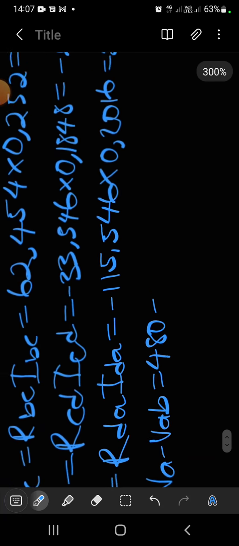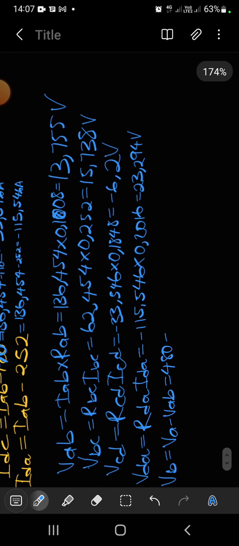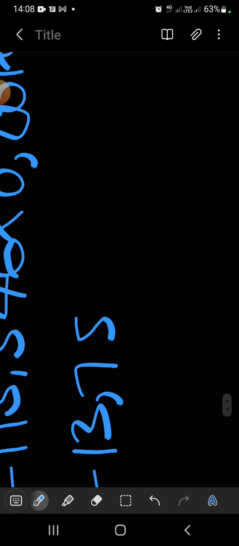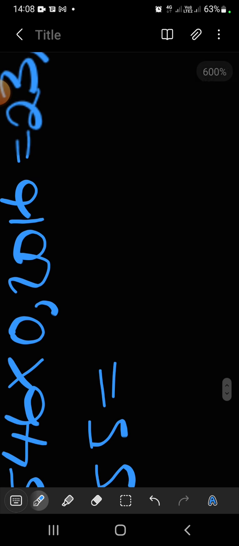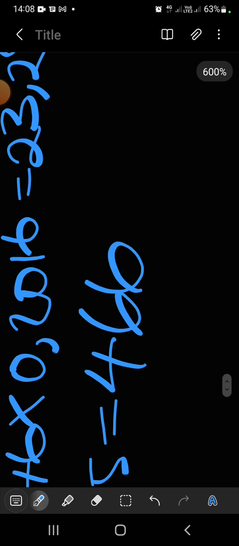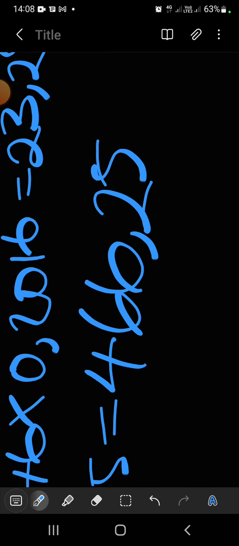So that's 480 minus our VAB, which is 13,755. The answer is 466,254 volts, right?